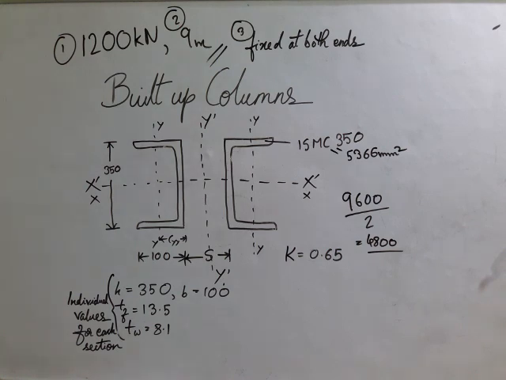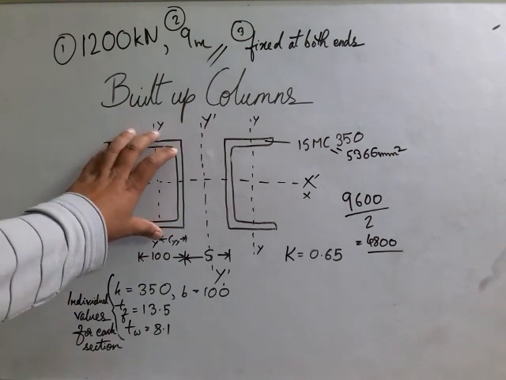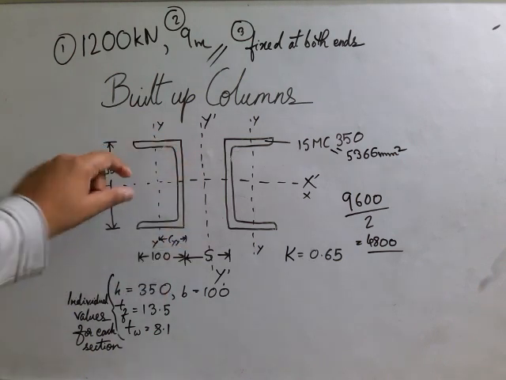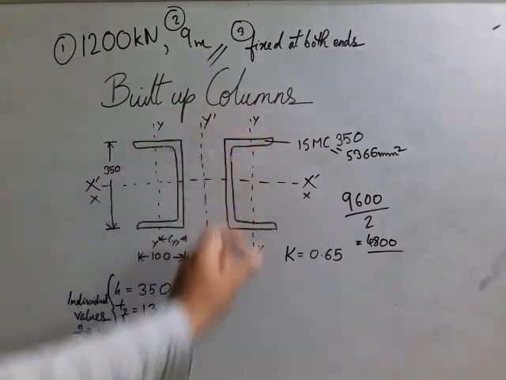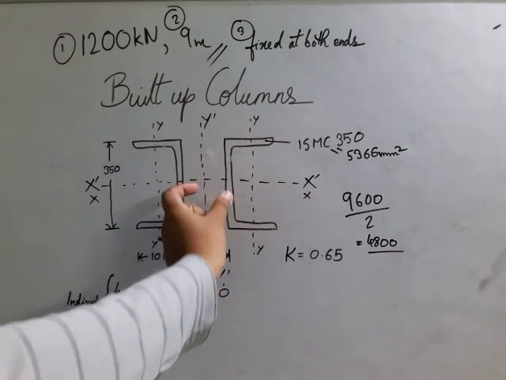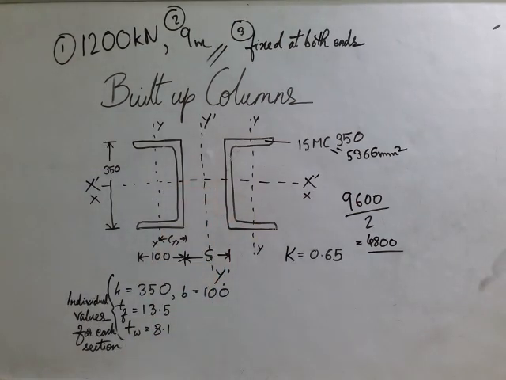So for this one it's 350, 100, 13.5, 8.1. Here also 350, 100, then 13.5 and 8.1. Now let us write down the moment of inertia values for each section.